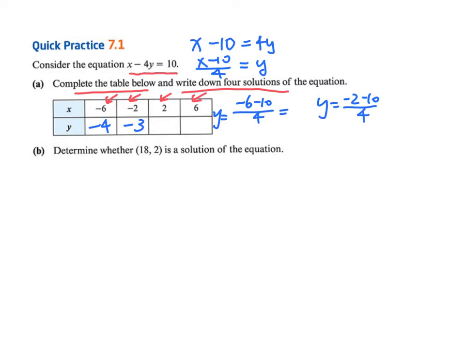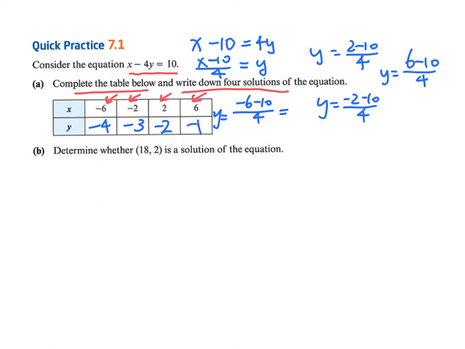And then if I put 2, it will be negative 8 over 4, so it will be negative 2. And for the last one, I will put 6, so 6 minus 10 over 4. So it will be negative 4 over 4, so it will be negative 1.